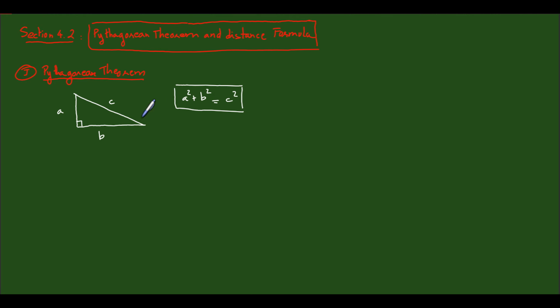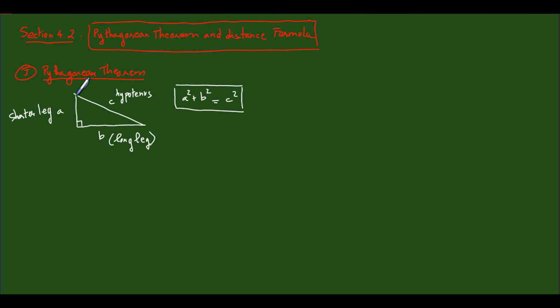Everybody knows this. C is the hypotenuse, A is the shorter leg, B is the long leg. There's a proof on the internet, but we don't have to go through it in this course. The proofs tell us how they came up with this formula, but we don't have to worry much about the proof.